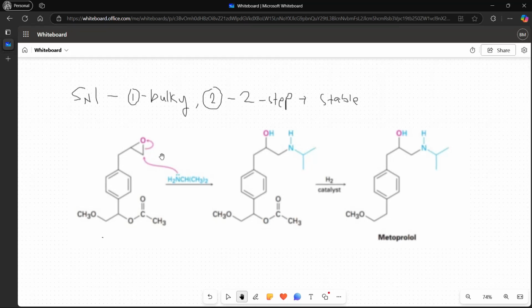Now, as what I discussed earlier, we'll have to look at the carbons.